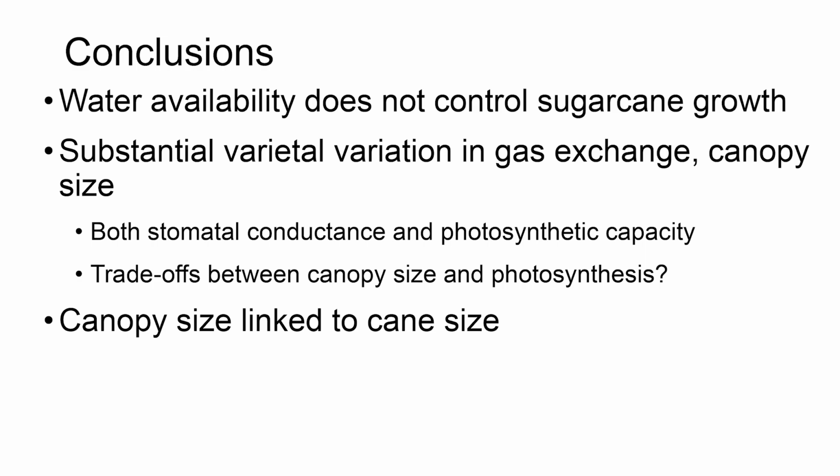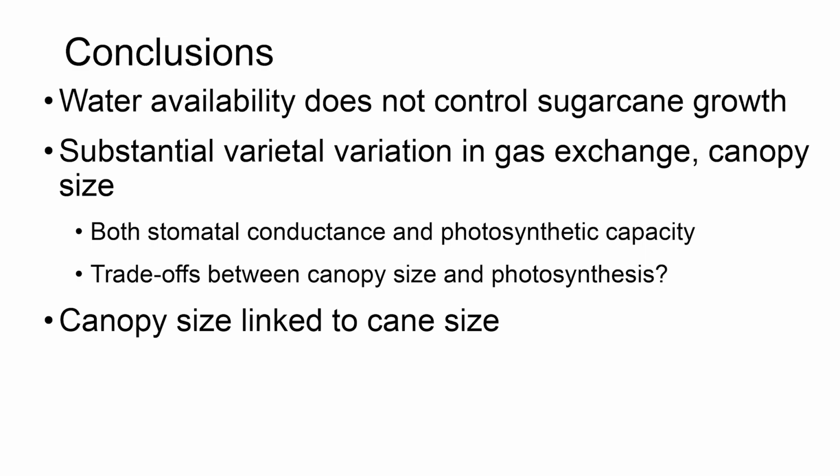And I certainly did get a response in growth, so we're going to be looking at some of that to see how the early season water affects growth. But it doesn't look like it's a big player, which is surprising. Like I say, this is one of the few places in the United States where that's actually the case.